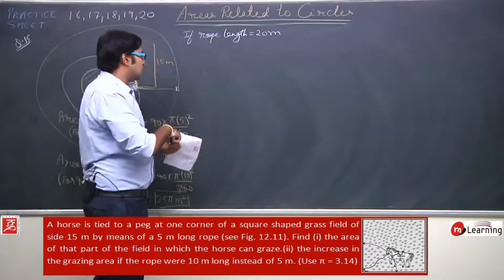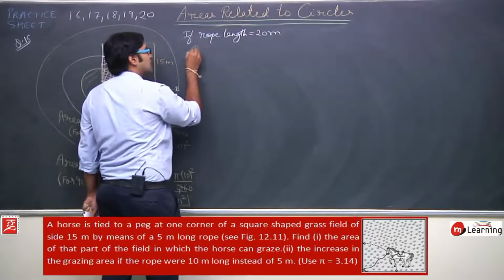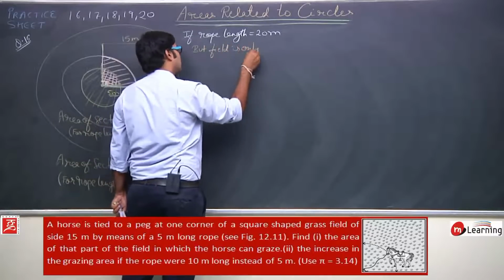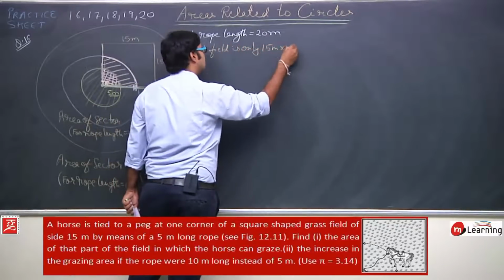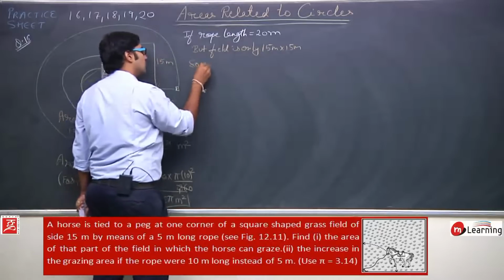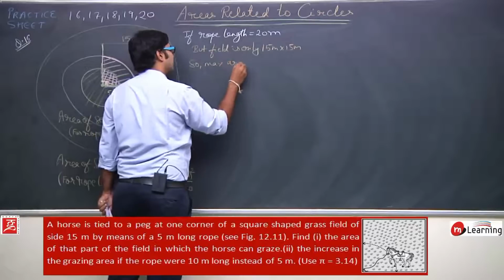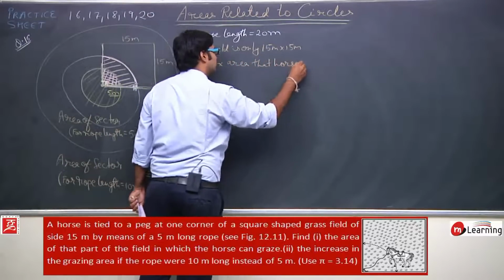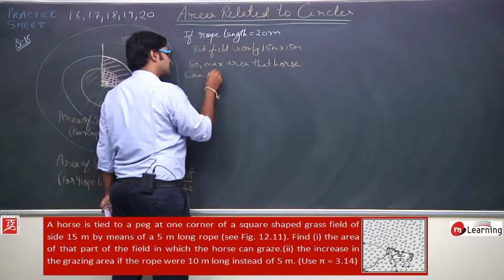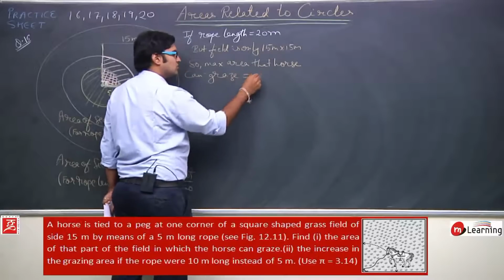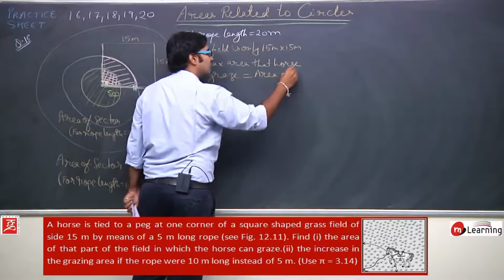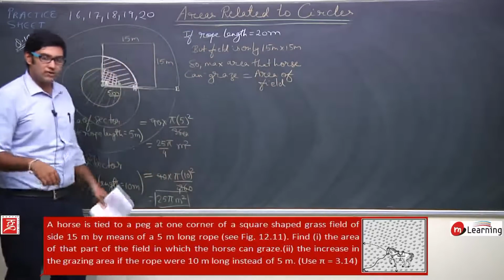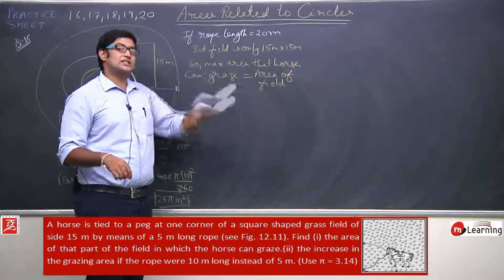So if rope length is 20 meters but the field is only 15 meter cross 15 meter, the maximum area that the horse can graze will be equal to the area of field. He cannot graze area more than this.